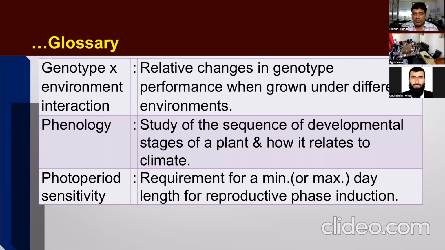Now, genotype-environment interactions. Friends, you know that the genotype of an individual plant or organism is mainly influenced by the environment. The genotype and environment interaction is always there. So what are the relative changes in the genotype performance when grown under different environments? For example, you have two kinds of plants. One is a simple variety of the crop and the other is a hybrid plant.